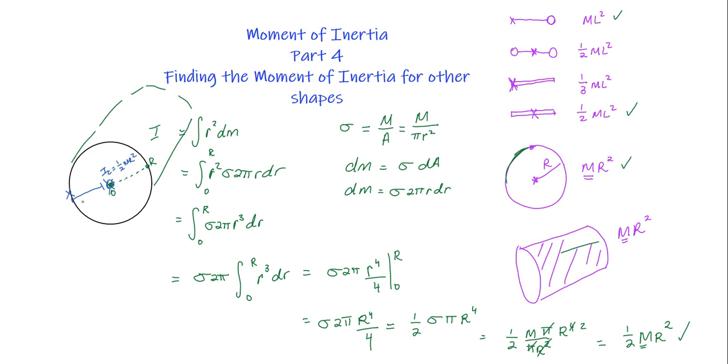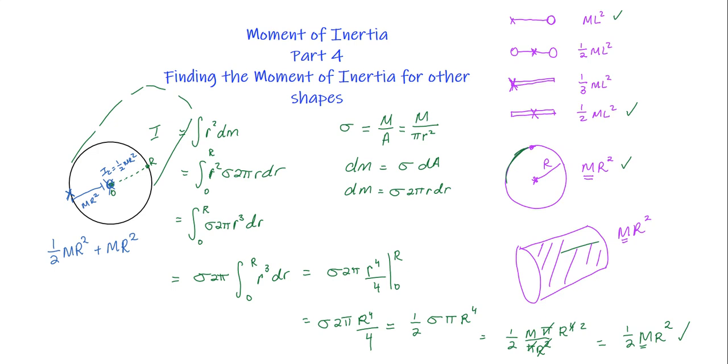And then this extra piece here would be m times the distance squared, which is r squared. So that would be m r squared. So I'd have 1/2 m r squared plus m r squared. And you can see that you could figure out what it would be about one edge of the circle, so if the whole disk was rotating around this point on the edge.